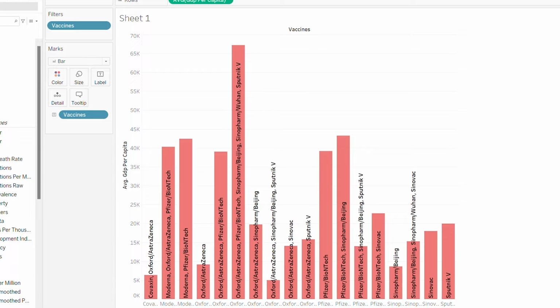It does look like, though, that the higher the GDP, they did have more variety of vaccines that they used. Another thing that I noticed is that the Oxford AstraZeneca and the Pfizer were 2 very popular vaccines that spanned a good majority of the GDP range.